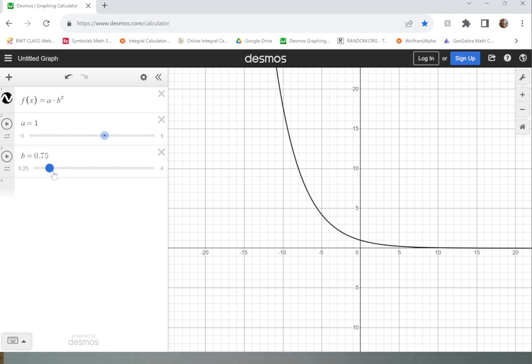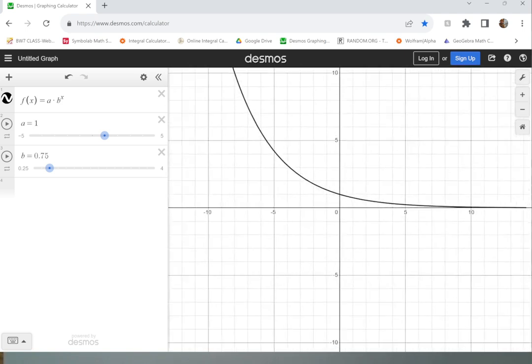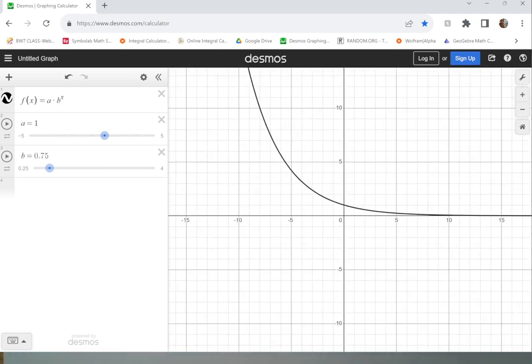Now let's take a look at this. These are increments of 1/4, but as soon as you go to the left of 1, you get this behavior. Notice it completely flipped around. One thing that has not changed is the y-intercept, which is still the value of a, the point (0, a). But what has changed is that it's flipped across the y-axis, essentially.